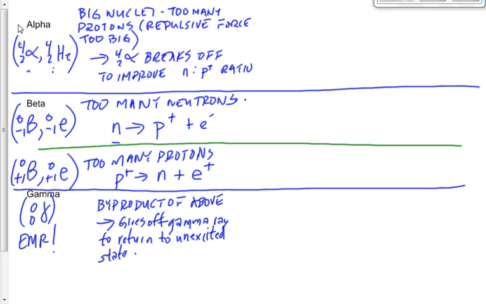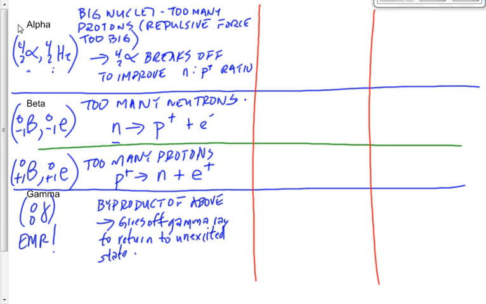Now, we're going to talk real quickly here about two properties of each of these types of radiation. The first property is going to be ionizing potential, the ability to ionize atoms.